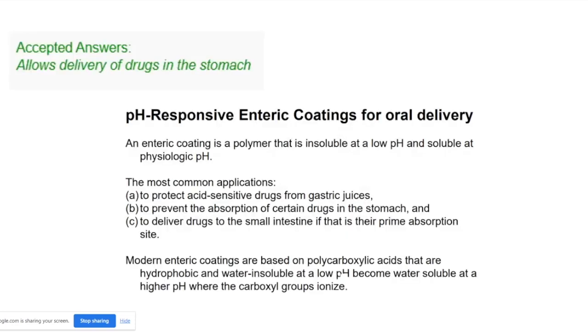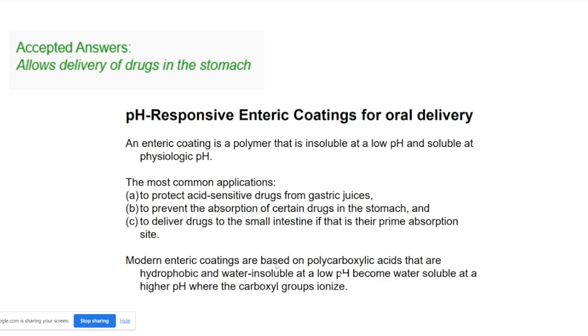Okay, you all are correct. It is the fourth option, that it allows delivery of drugs in the stomach; rather, it prevents delivery of drugs to the stomach. pH responsive enteric coatings are mainly made up of polymers that protect the drugs from the acid labile environment of the stomach, to protect sensitive drugs from gastric juices, to prevent absorption of certain drugs in the stomach, and to deliver drugs to the small intestine if that is the prime absorption site.